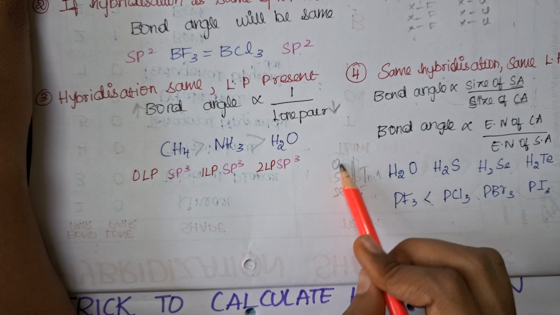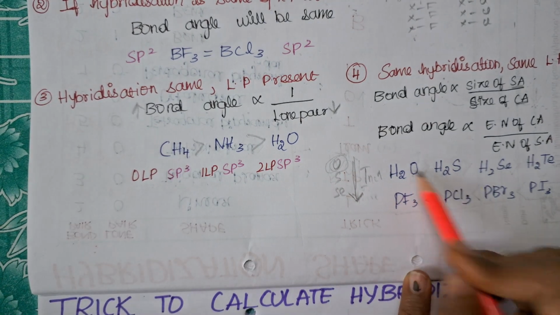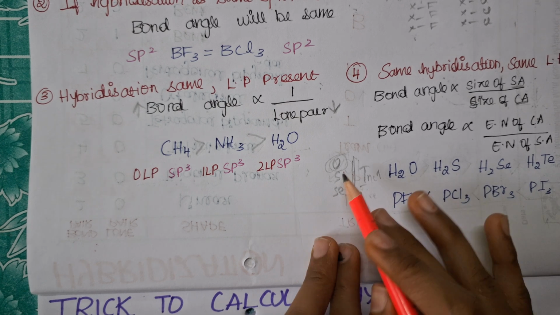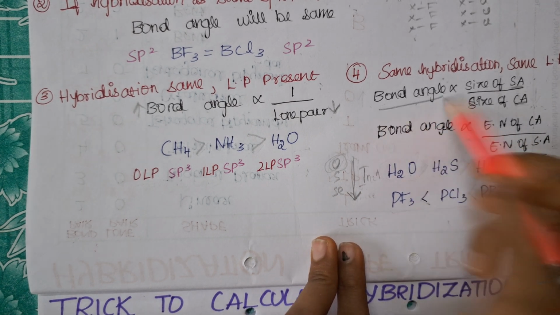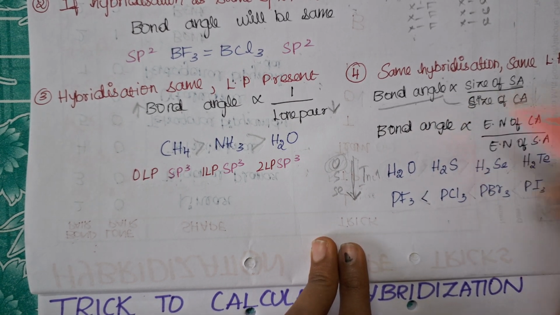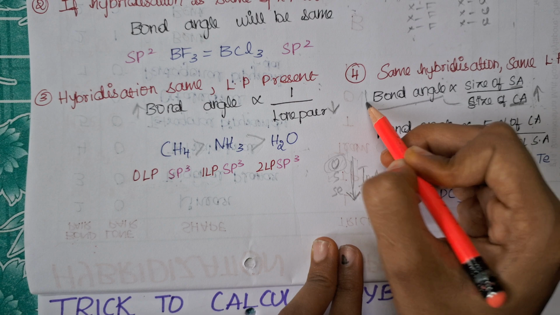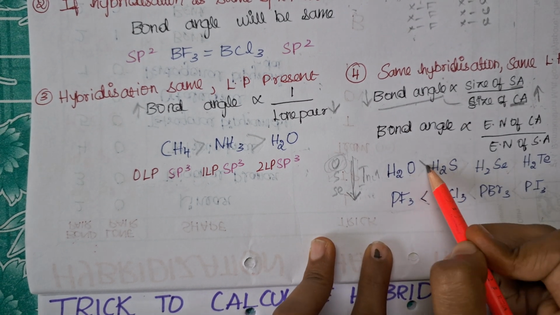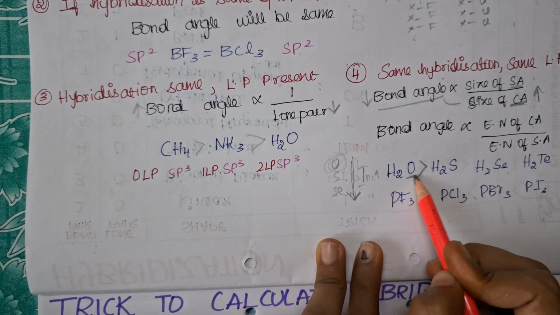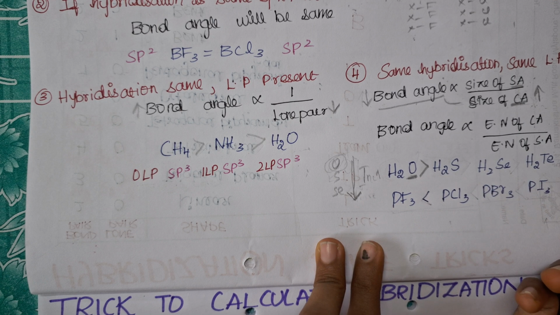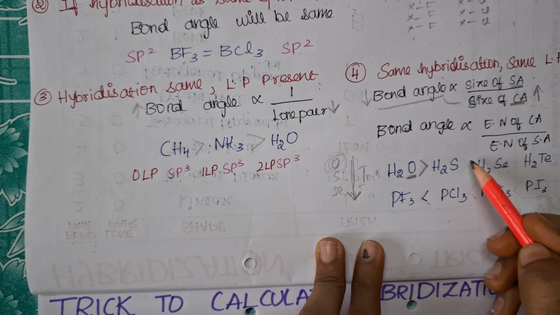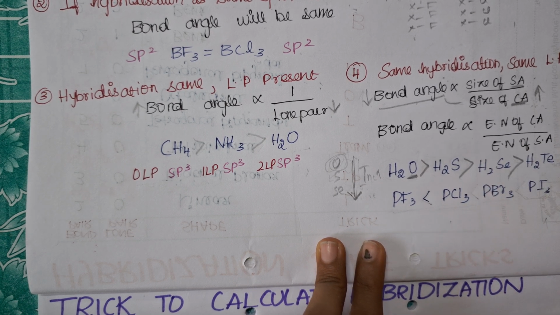So which one has the least size among O, S, Se and Te? Oxygen. So that will have the greater bond angle, because they are inversely proportional. As the size of the central atom increases, the bond angle will decrease. So this will have the highest, because O has the least size. Am I clear? Any doubt?